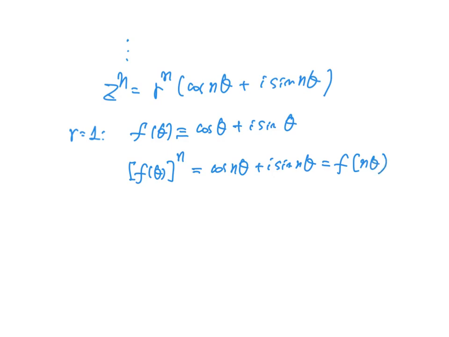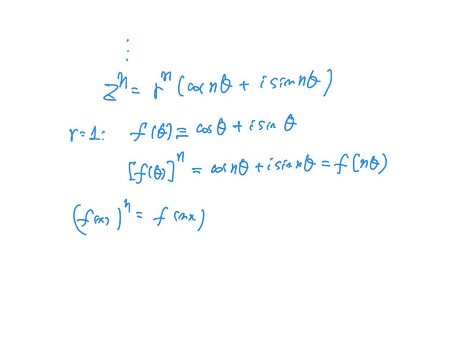So what is this function? Say f(x) to the n is f(nx). What is the form of this function? If you multiply n times, it's the same as the function with the argument multiplied by n.